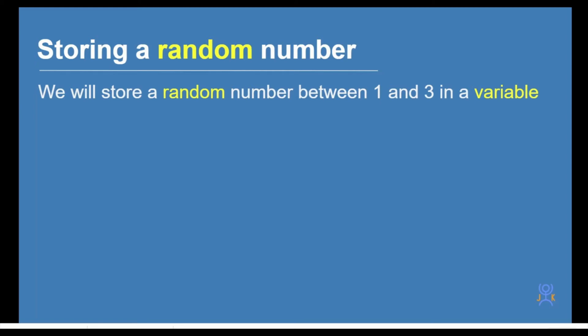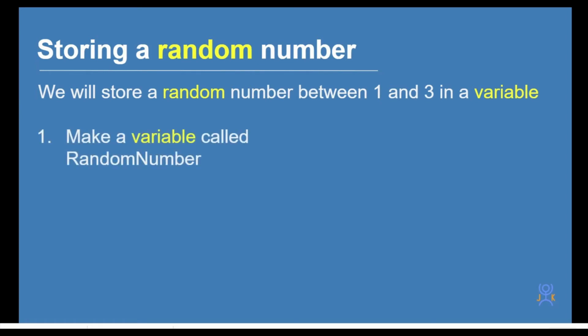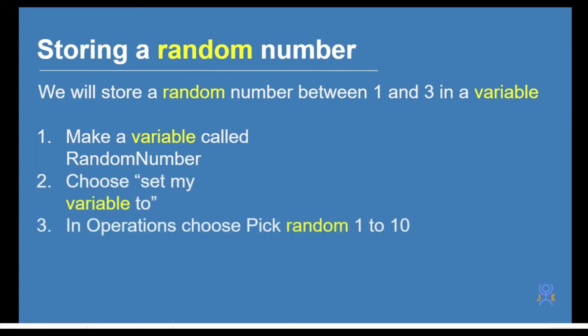So we generate the random number once, store it in this variable, and we'll use that variable in the code. So we're going to make a variable called random number. We're going to choose set my variable to, and then in operations we're going to do the actual random bit.